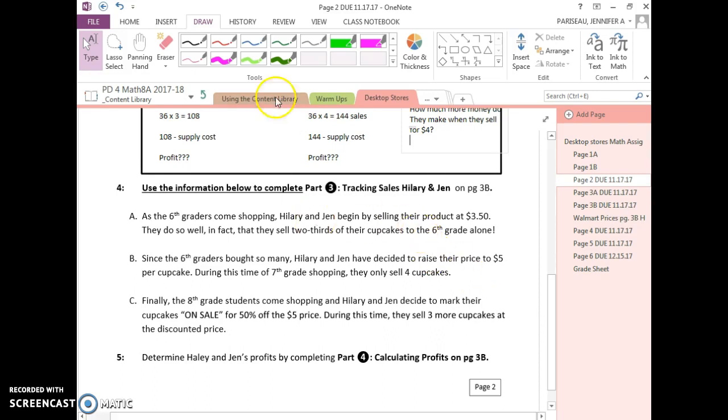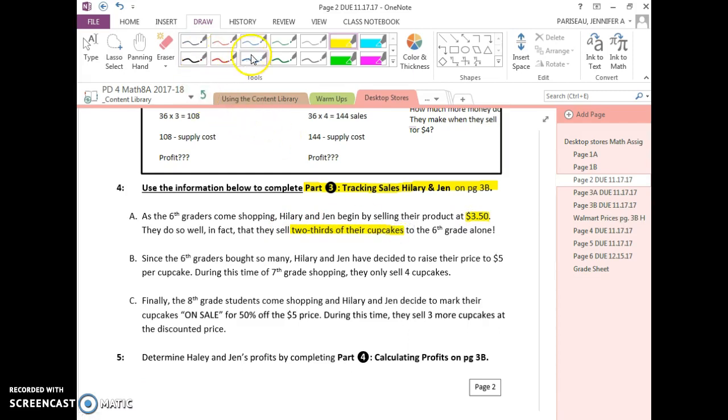Then you're going to use these clues here to help you enact the desktop store days. It says to complete it on part 3, on page 3B. So as the 6th graders came in, they sell their product for $3.50. They sell 2/3 of their cupcakes.